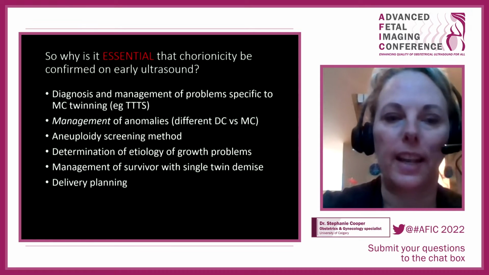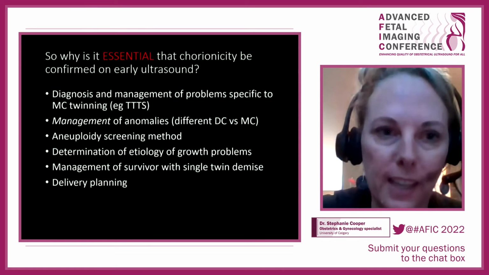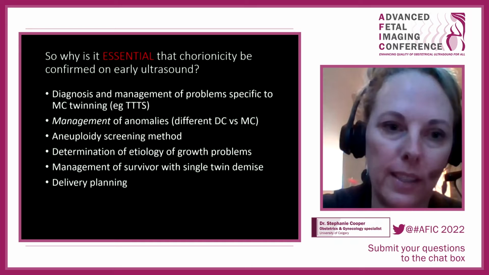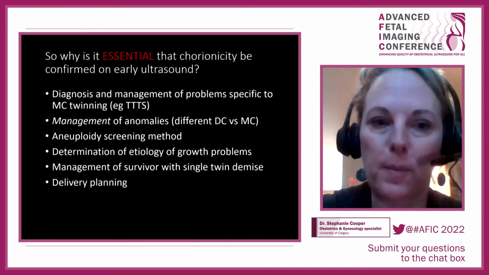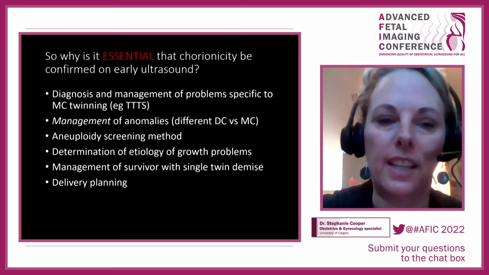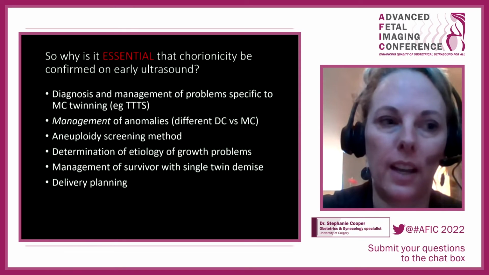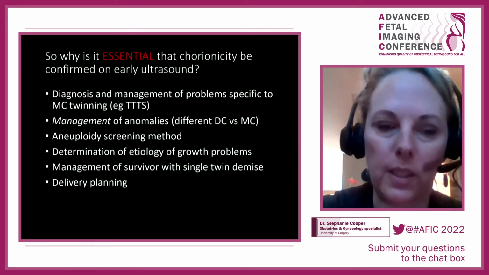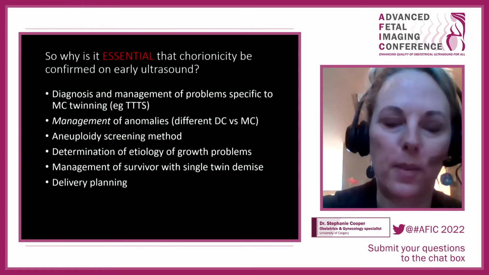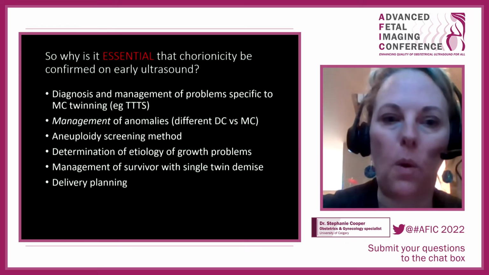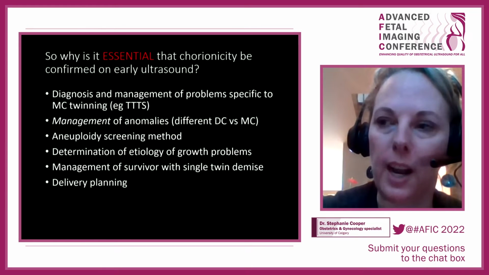And so I don't know if I can emphasize this more. Why is it essential that we confirm the chorionicity? Because there are different and more severe problems with monochorionic twins, and a late diagnosis might mean not identifying twin-to-twin transfusion syndrome, and that could lead to a preventable fetal loss. It also affects how we manage anomalies, because there are shared circulations with monochorionic twins.